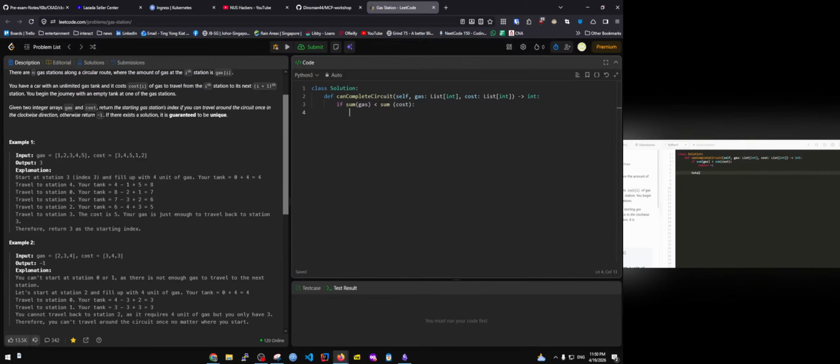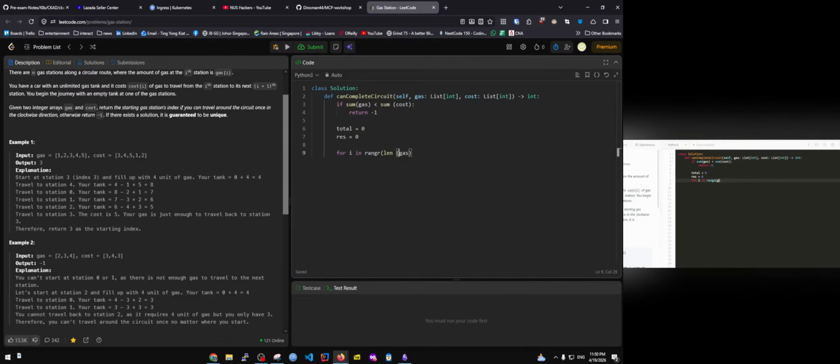So we're going to keep track of our total, which is initially going to be 0. We're also going to be keeping track of our result, which is the starting position that we're going to return. Initially, that's also going to be 0 because we're going to be greedy. We're just going to try the first index and see if it works. To do that, we're going to be iterating through every position in the gas array.